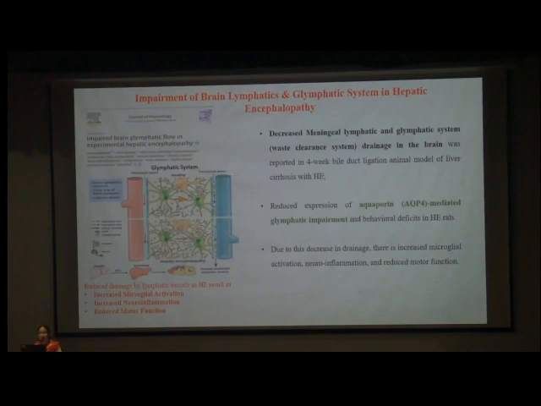This glymphatic system reduction is due to reduced expression of a protein, aquaporin. And this glymphatic system defect is associated with behavioral defects in these hepatic encephalopathic rats. This decrease in drainage leads to increased microglial activation, increased neuroinflammation, and reduced motor function.